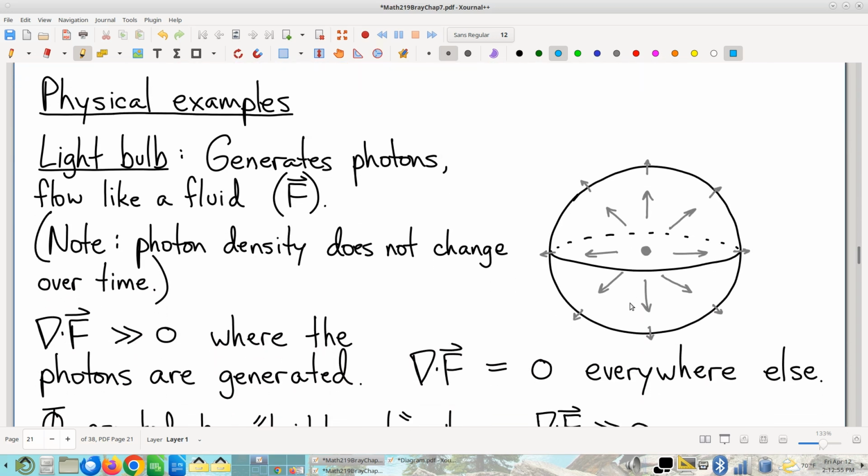Okay, so let's do some physics. A couple of physical examples. It turns out that the divergence theorem has lots of important and powerful applications, you might say. I like to think of them as manifestations in the physical world.